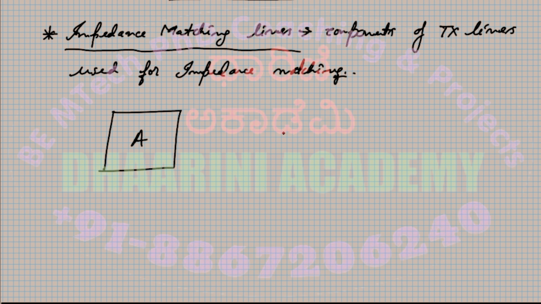So now the question cannot be formed in such a way that can I design a source which matches this? Impossible, because the source is mostly designed first. The source is already decided, since we are going to draw the energy from this device. So there is no question of going back. Though I know that load impedance is some different value, I cannot go back and redesign my amplifier or the source.